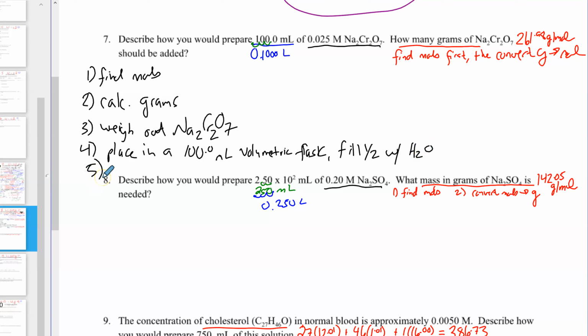Step number 5, you're going to cover and shake to dissolve. And then number 6, fill to the line on the neck of the volumetric flask with the dropper.